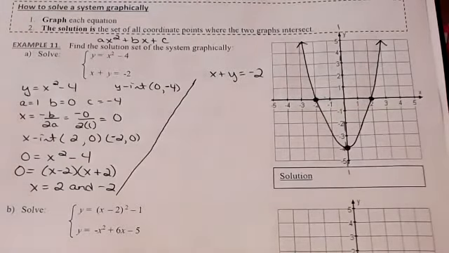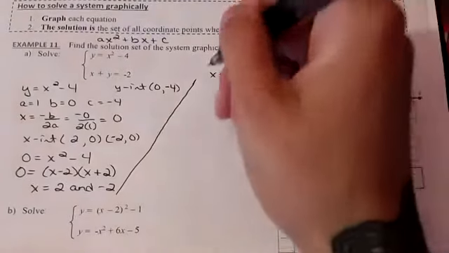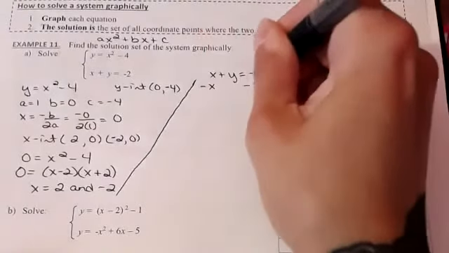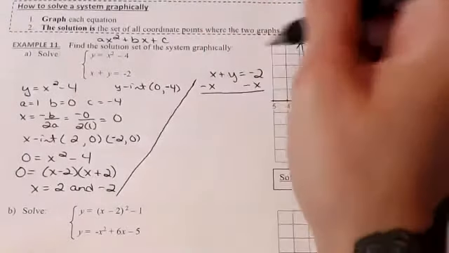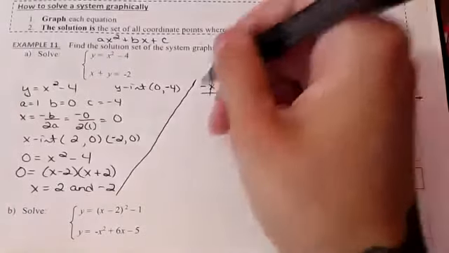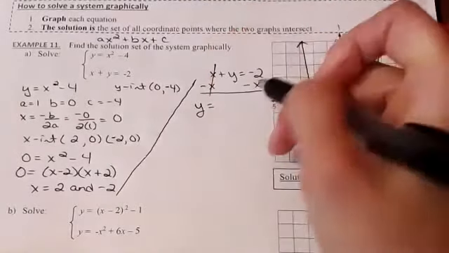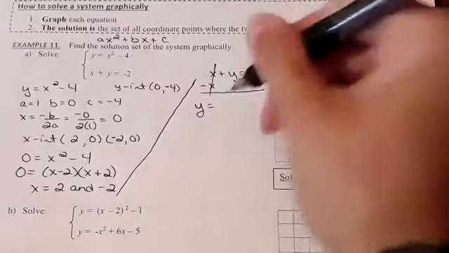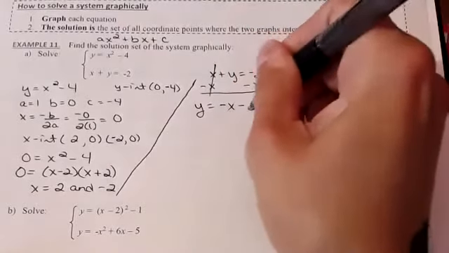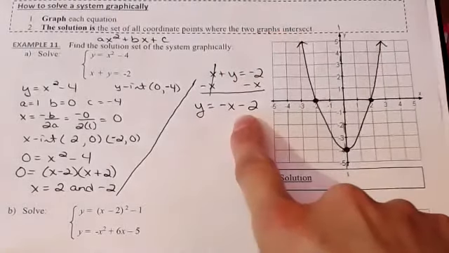Ooh, I feel like we are overwhelmed with the content that we just learned and we're forgetting the basic stuff. Let me show you. Start by subtracting x. If I subtract x, I have y is equal to -x minus 2. What form is this equation in?